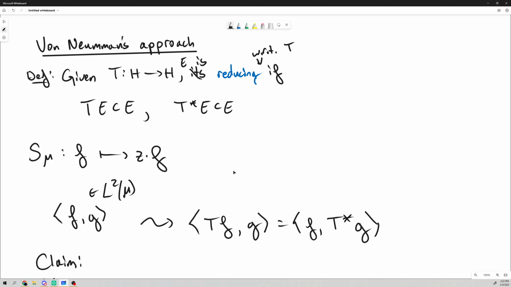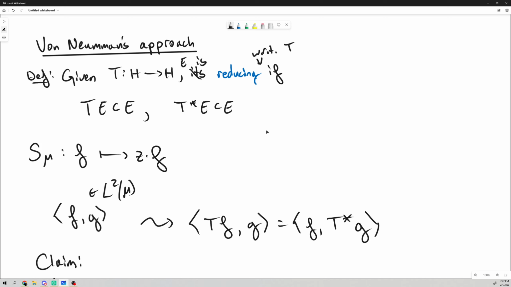Because what does that mean to be reducing? That would mean multiplication by z maps into a subset of E, and multiplication by z conjugate maps into a subset of E. Very simple way of putting things in terms of operators, but nevertheless very important if you want to work with composition operators and multiplication operators on spaces of complex valued functions.